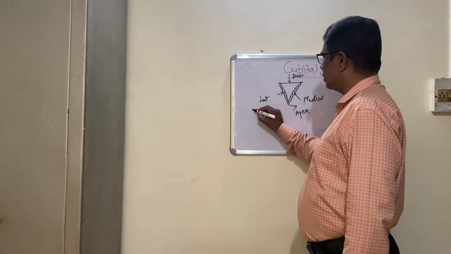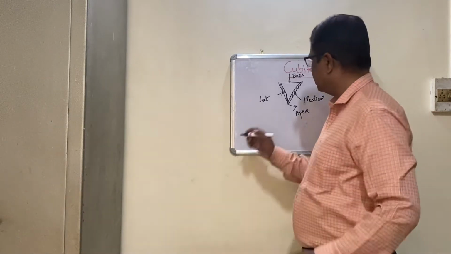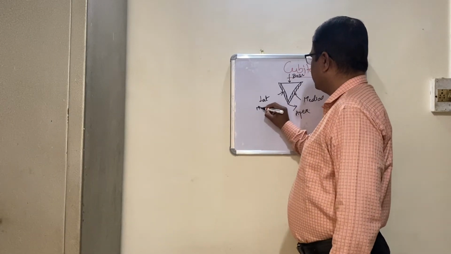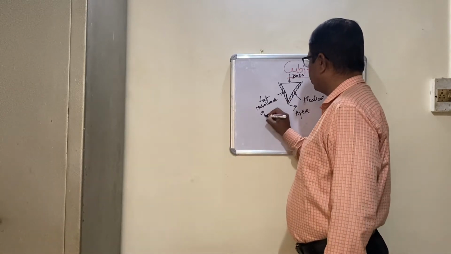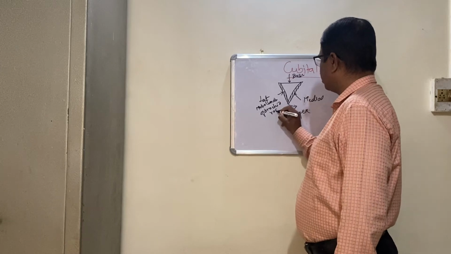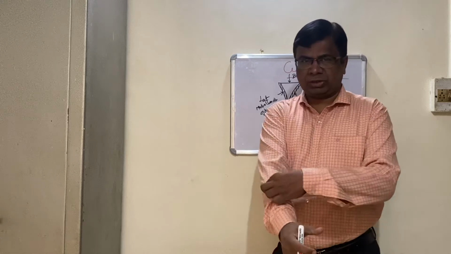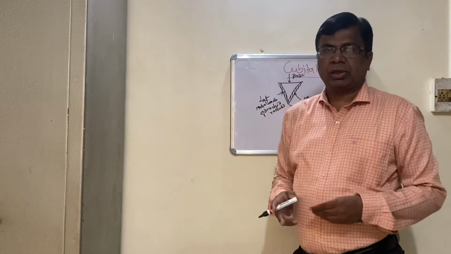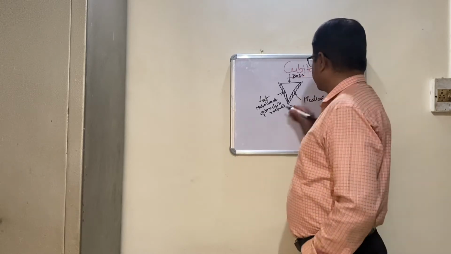The lateral boundary is formed by the medial border of brachioradialis. Brachioradialis is a muscle here, so the medial border of the brachioradialis takes part in the formation of the lateral border of the cubital fossa.